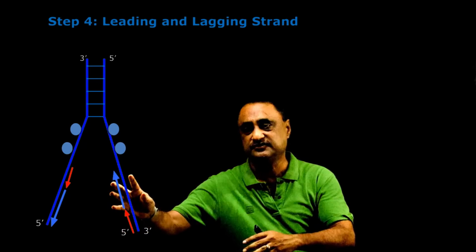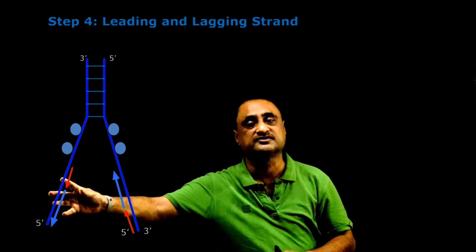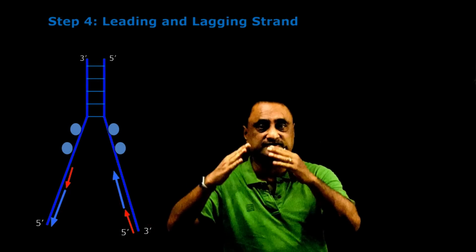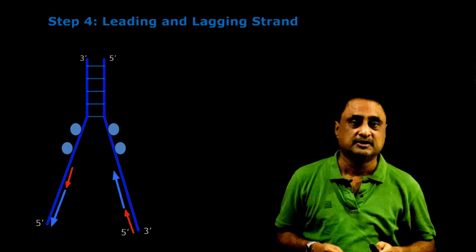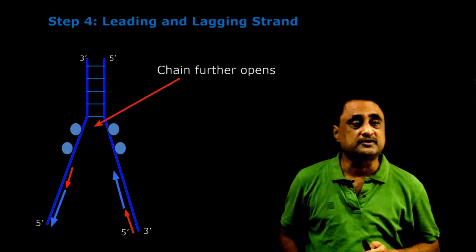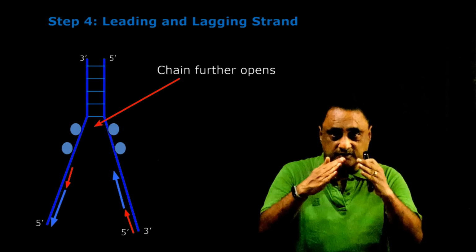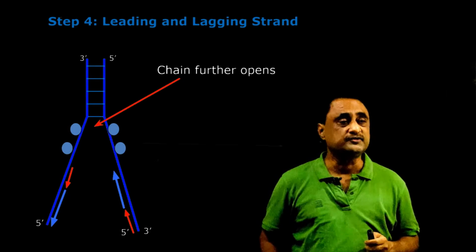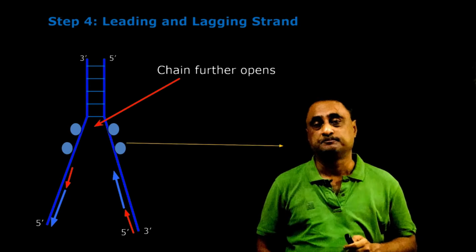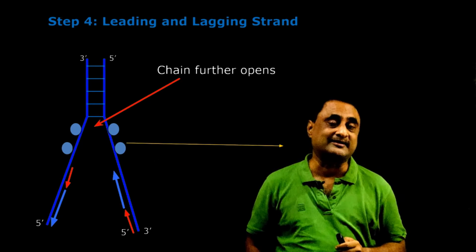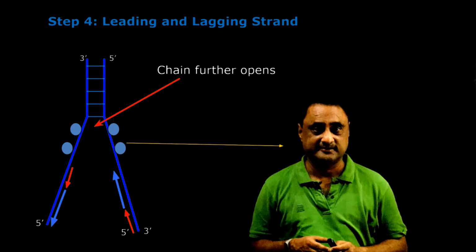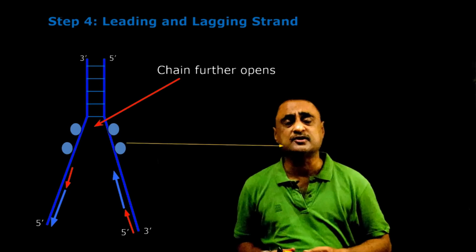So up till this point of time, this is the amount of DNA that has already been synthesized when it initially opened, okay? So we know very well the further chain will grow only when the chain is going to open further, right? So when it opens further, what will happen? One of the strands is going to act as a leading strand. Okay, now why is it going to act as a leading strand?